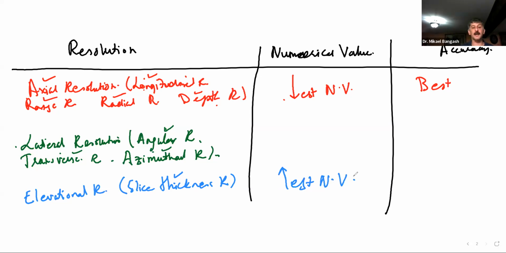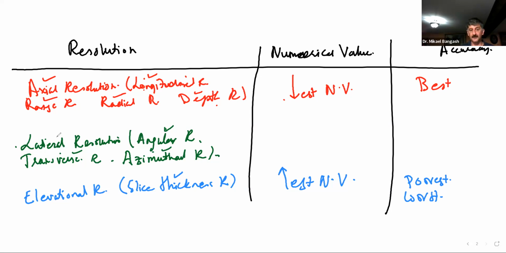And this highest numerical value leads to it being the poorest, or worst. Which mainly means there is a greater likelihood for your slice thickness or elevation resolution to be inaccurate compared to the axial resolution and even compared to the lateral resolution.